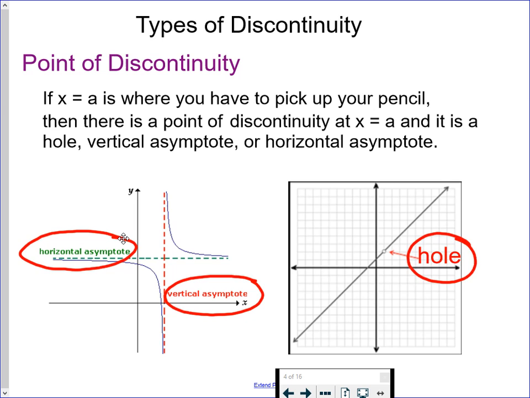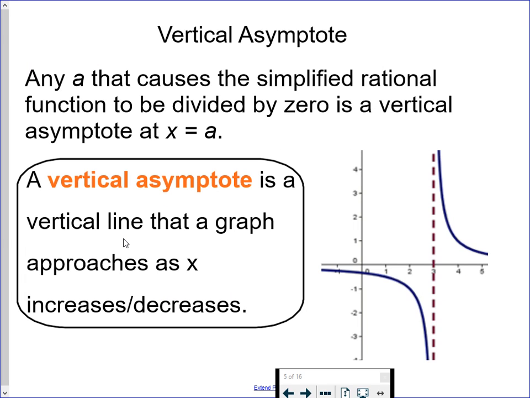So let's look at vertical asymptotes first. When we say we cannot divide by 0, that's what's creating a vertical asymptote. It's that boundary line that says, nope, can't come here.